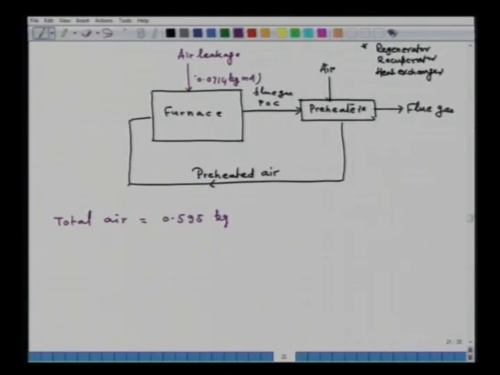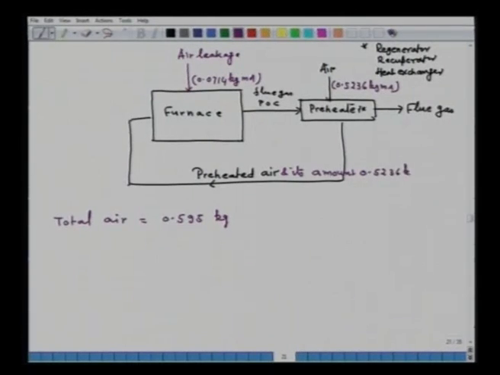This is the air leakage, and the air which is used for preheating will be 0.5236 kg mole, and this amount of air, the preheated air, how much will its amount be?